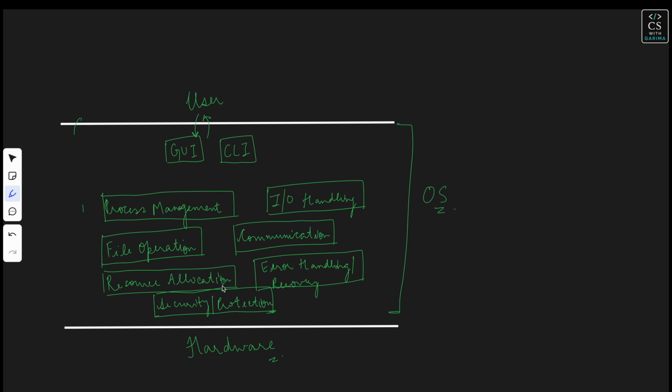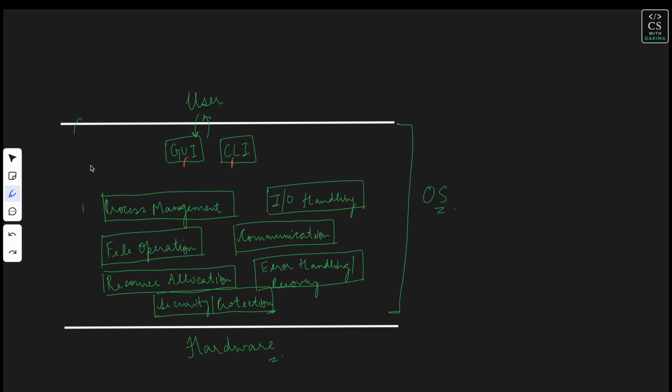There is one more layer that is still missing here. If you see, the point of interaction for the user is the GUI or CLI, and then there is a set of different operations or responsibilities that the operating system has. But how does the GUI or the CLI actually make use of all these responsibilities?